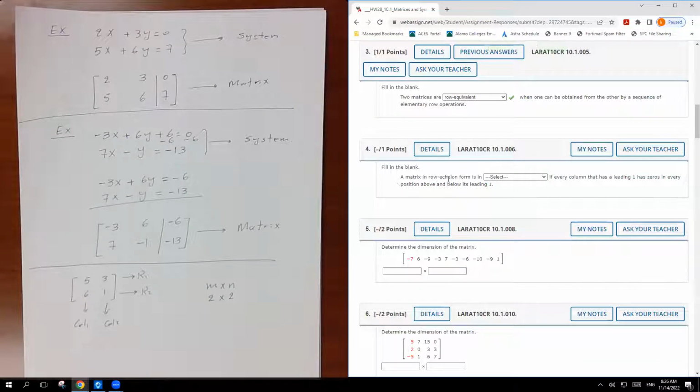A matrix in row echelon form. This is one of the row operations. It's called row echelon form. If every column has a leading 1, let's check that.